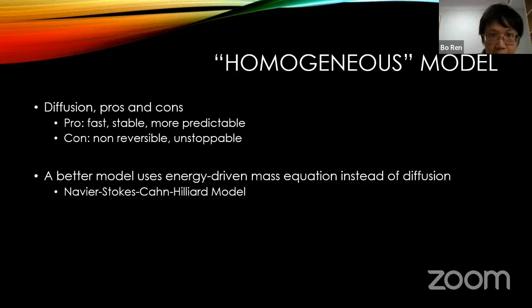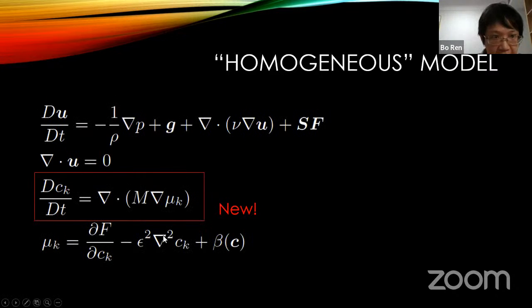And a better model uses energy-driven mass diffusion instead of this diffusion. You can think of it as a better diffusion model, which uses the so-called Cahn-Hilliard model, and the equations are like here. The first 2 equations are almost the single-phase Navier-Stokes equations we are very familiar with.